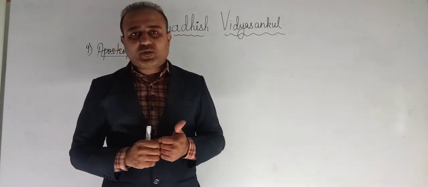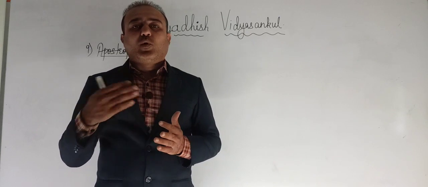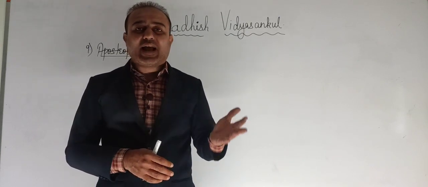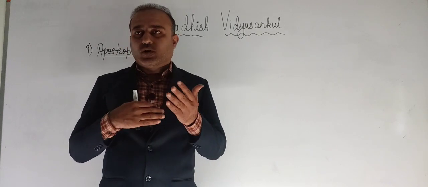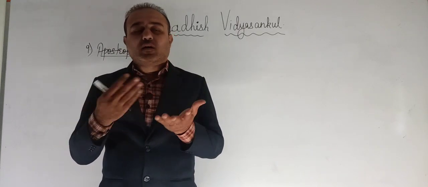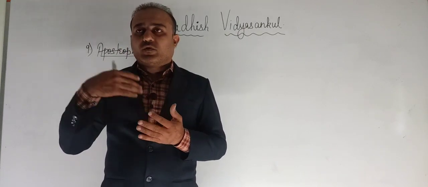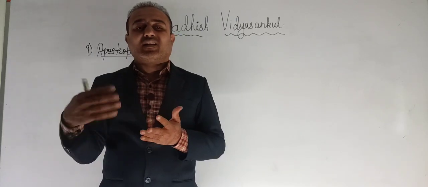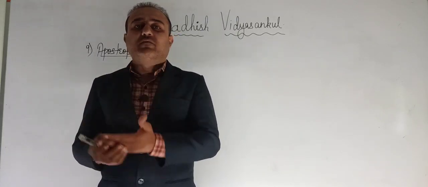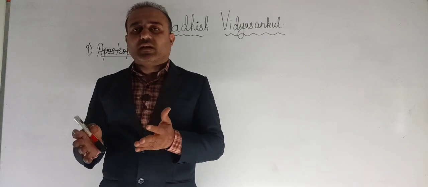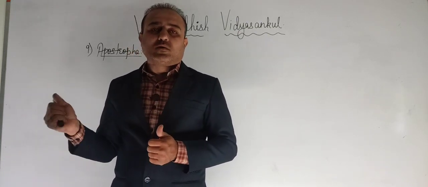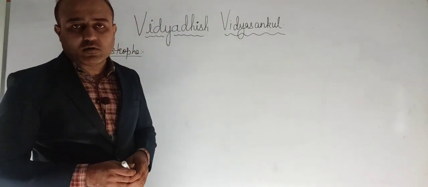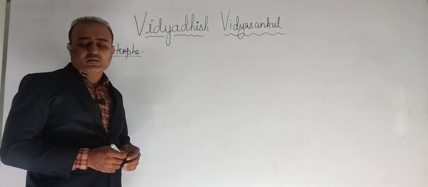It is a figure of speech wherein the poet has directly addressed. Directly addressed means that the poet is directly talking with a non-living or inanimate object as if it is living. So when such kind of thing is noticed in the poem, we term it as apostrophe. Let me write it down on the board and give you one example to understand that.